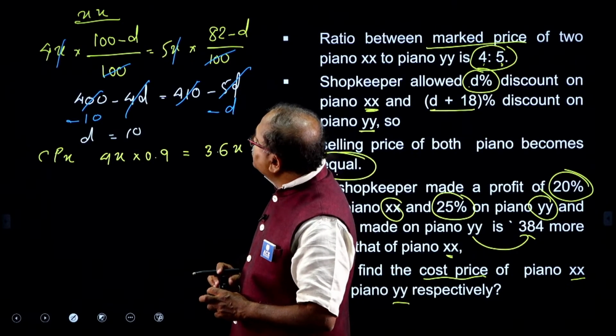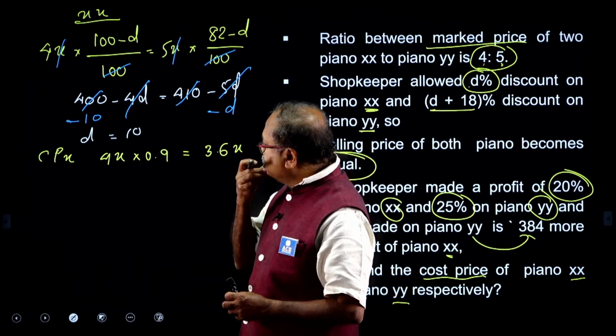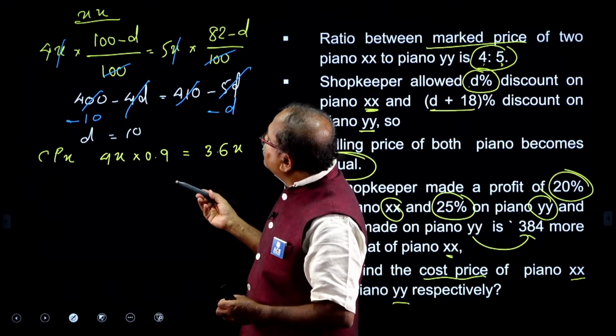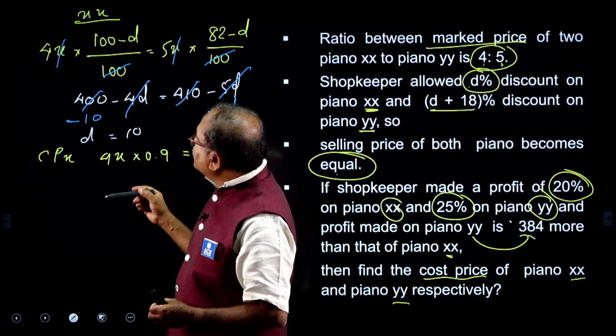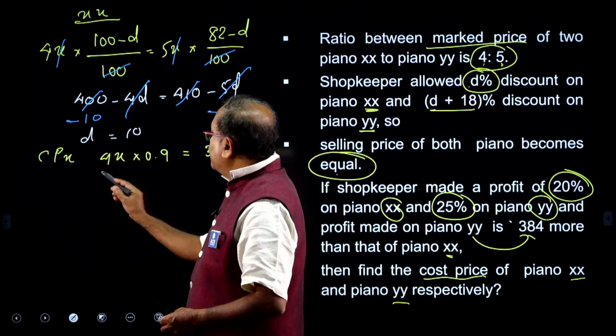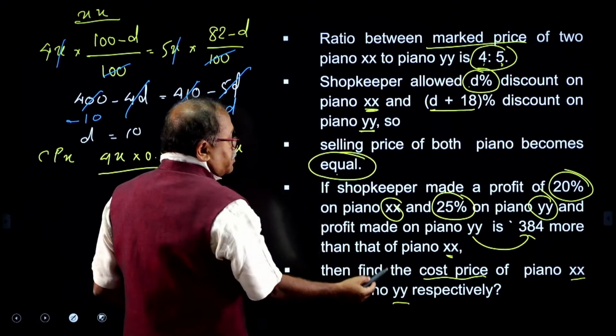Will that be the cost price? This is the mark price, and when you take 90% of the mark price, then you will be getting the selling price. Okay. So, what I need to do is, that has to be divided by, we have a profit percentage over here.